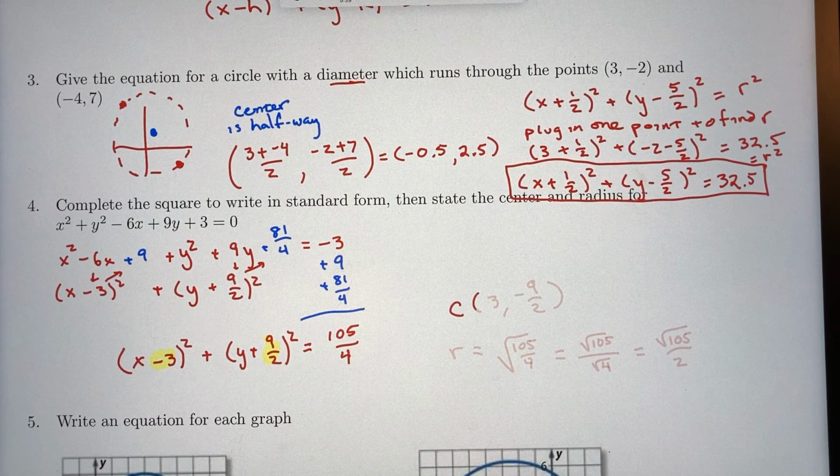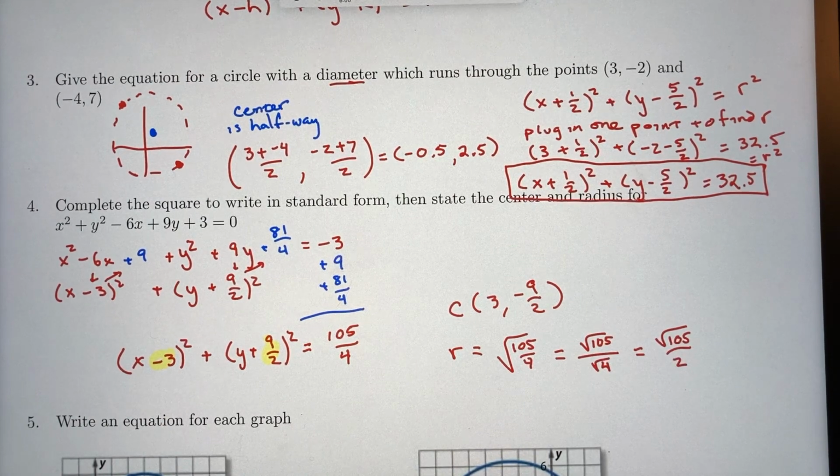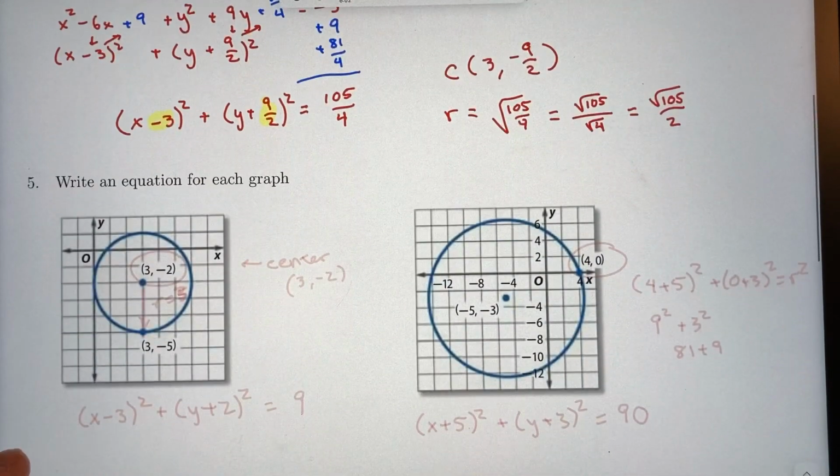So center is +3, -9/2. And then the radius is square root of 105/4, otherwise known as square root of 105 over the square root of 4, so root 105 over 2.